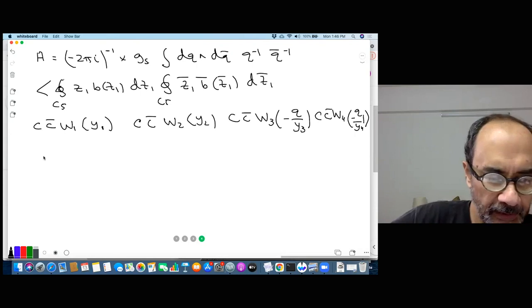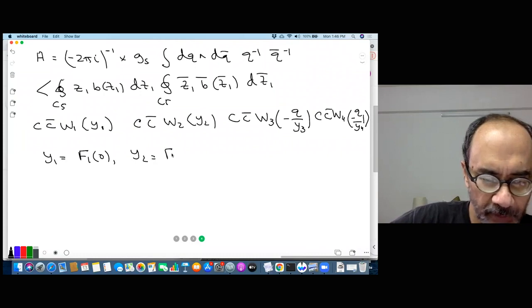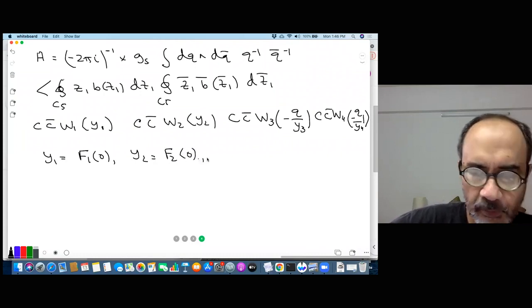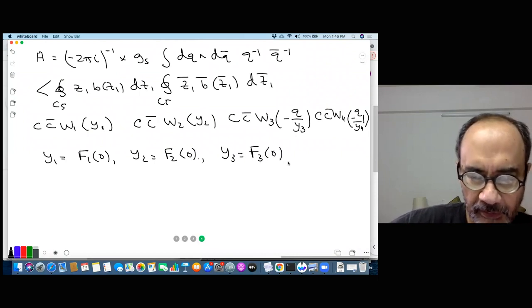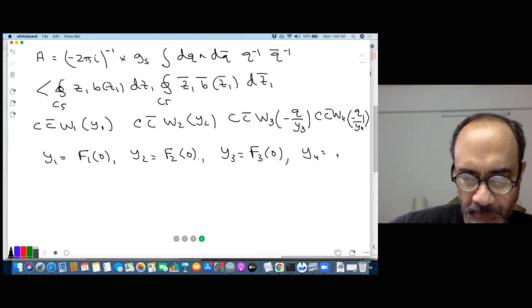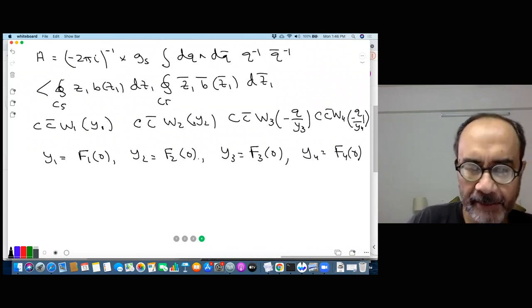So what is y1? y1 is nothing but f1 of 0. y2 is f2 of 0. y3 is f3 of 0. And y4 is f4 of 0. Because this is a matter sector primary, no factor comes in under the conformal transformation.